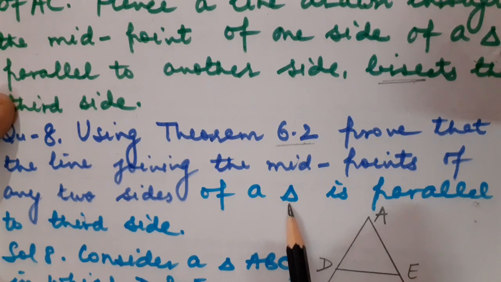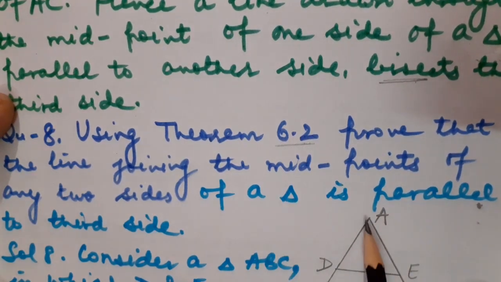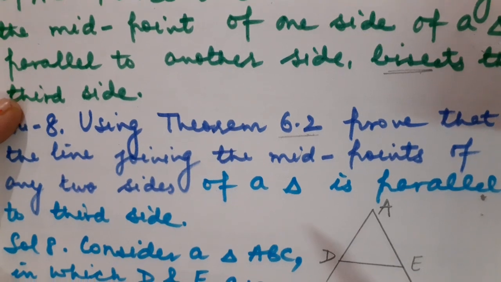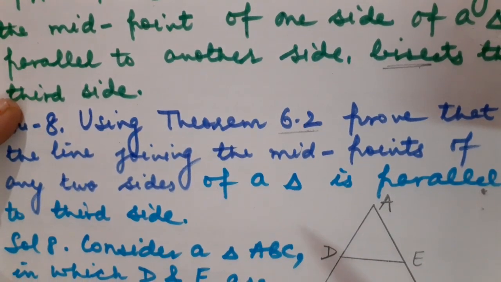Now you know that on both sides of the triangle you will have both the midpoints given. In the previous question we proved that for the other side it will be a midpoint.